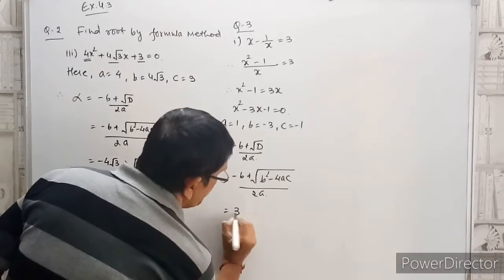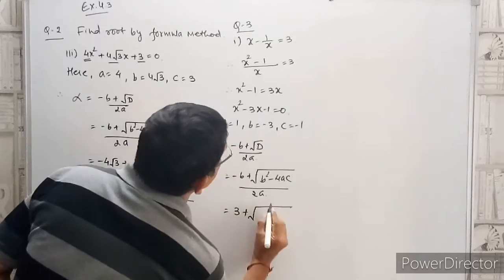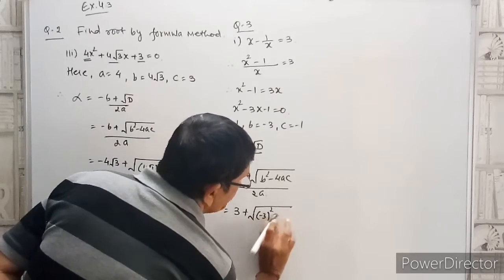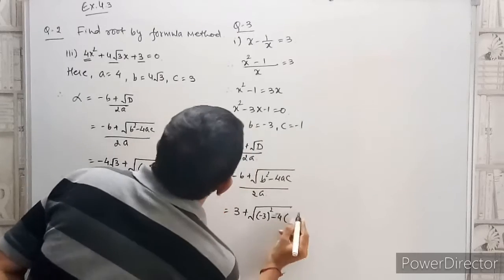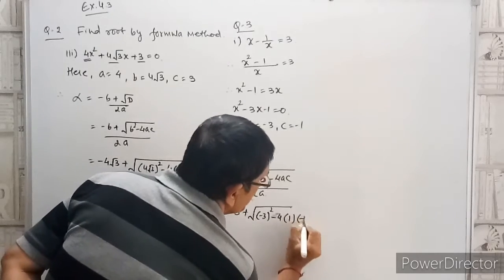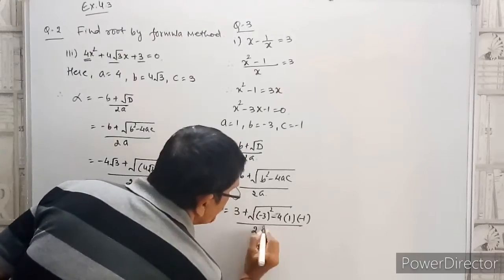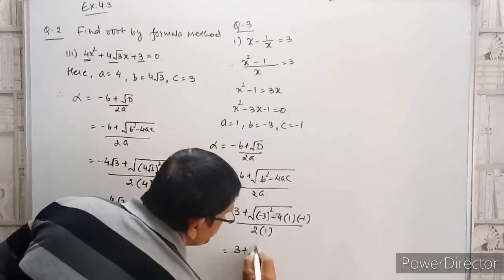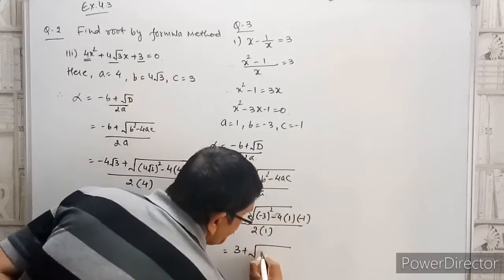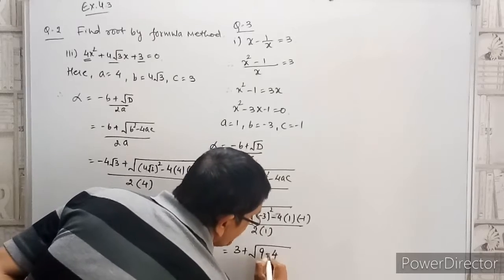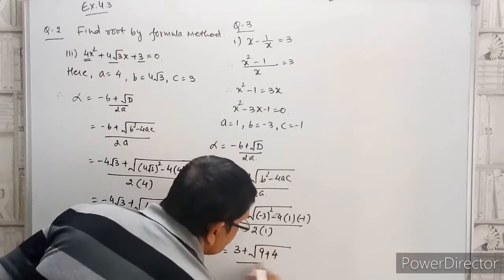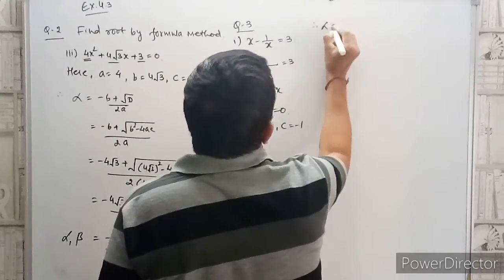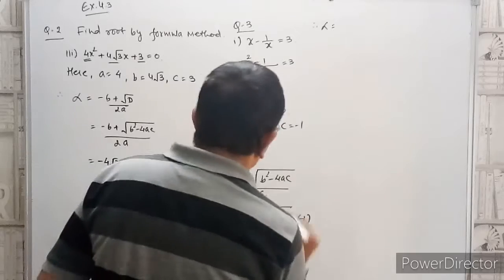Minus b, so it becomes plus 3 plus root b square, minus 3 square, minus 4ac, upon 2a. So this is 3 plus minus 3 square, it is 9, minus 4 ones are 4, but this is minus minus becomes plus, upon 2. So therefore, alpha is equal to, okay.